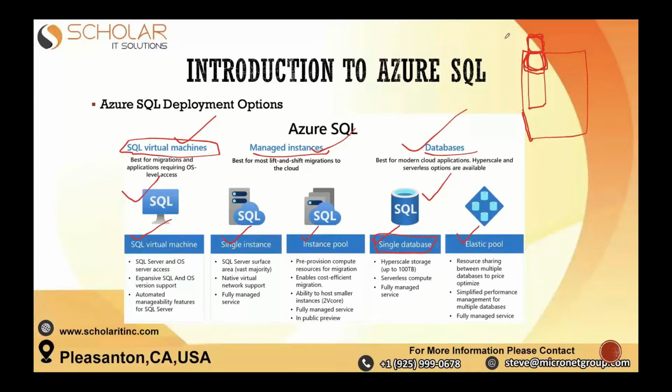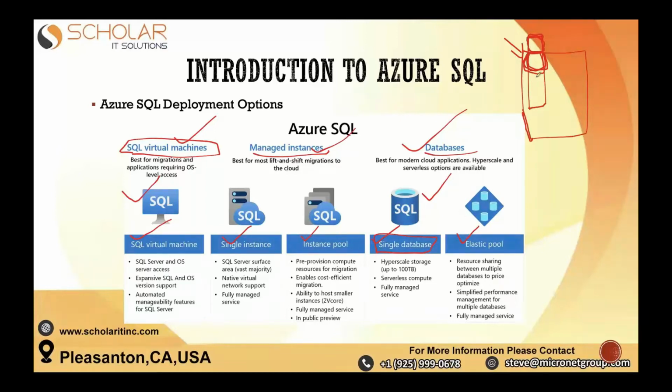And how does it do that? It uses resource governor. You must have heard about resource governor in SQL Server, right? It uses the same in the background, so whatever tier you are choosing, it uses resource governor to cap your usage to that particular tier, whatever you are going to put your single database in.